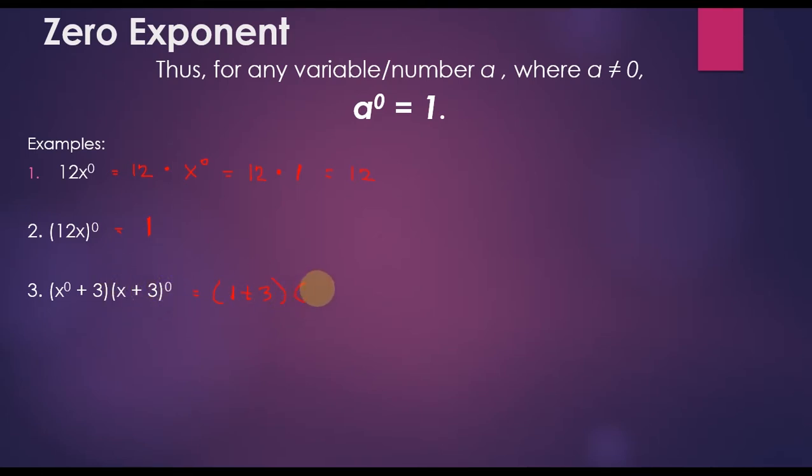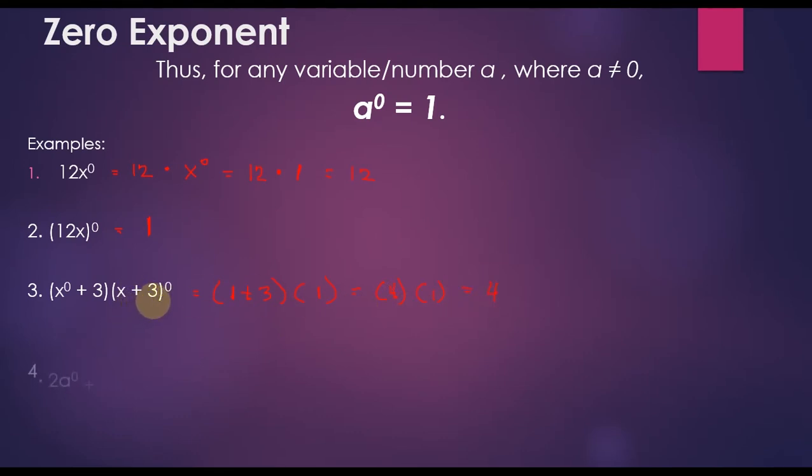So you can change that to 1. Again, look at this carefully. Since x plus 3 is the base of our 0, we can transform this one or get the equivalent of this one, which is 1. Then let's simplify. 1 plus 3 will give us 4 times 1, which is equal to 4 times 1 is 4.